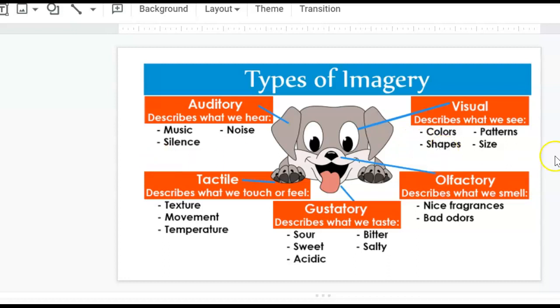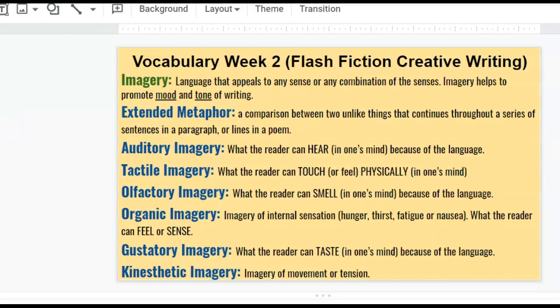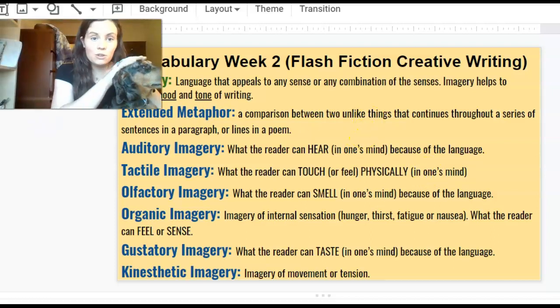But I want to open our definition by including these other aspects of imagery. So can you record auditory imagery, what the reader can hear; tactile imagery, what the reader can touch or feel physically. Like this could be something like temperature. It could also be something like the smoothness of an animal's fur, right?